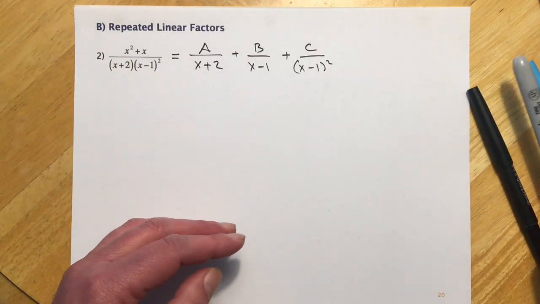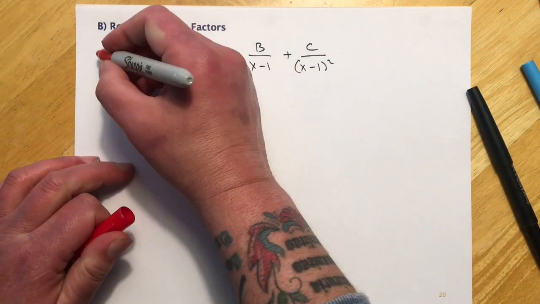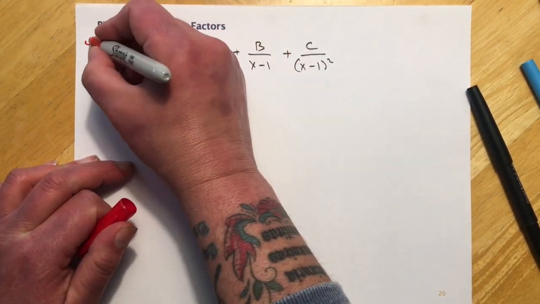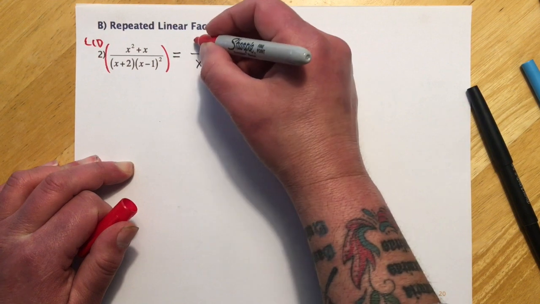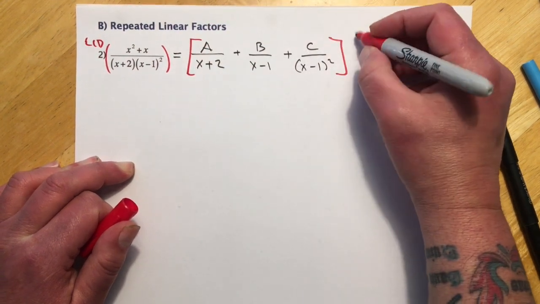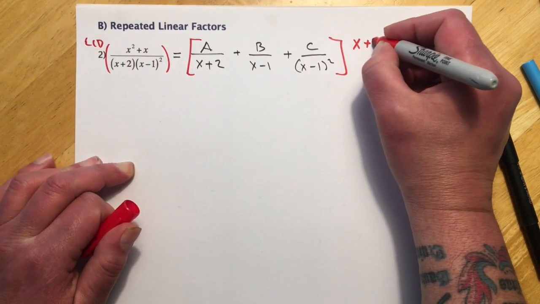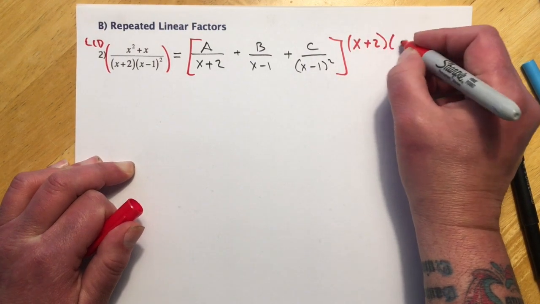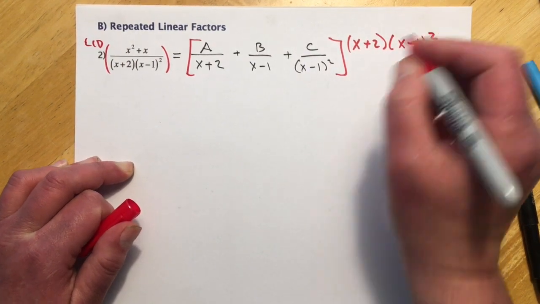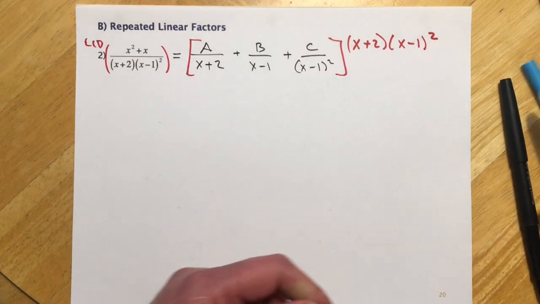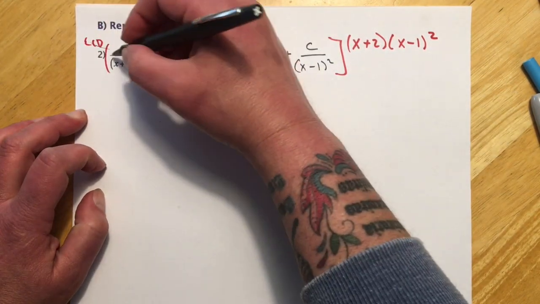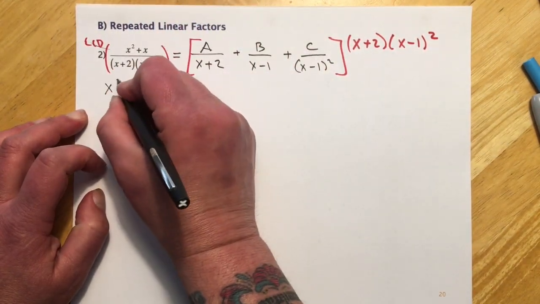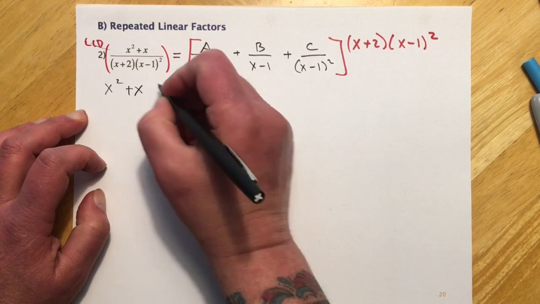Now I'm going to use this LCD to clear the fractions. On this side, I'll just write LCD for the sake of space, and on this side I'll write it out so you can see a little better: x plus 2 and then x minus 1 squared. Here this all cancels, and I just have x squared plus x.